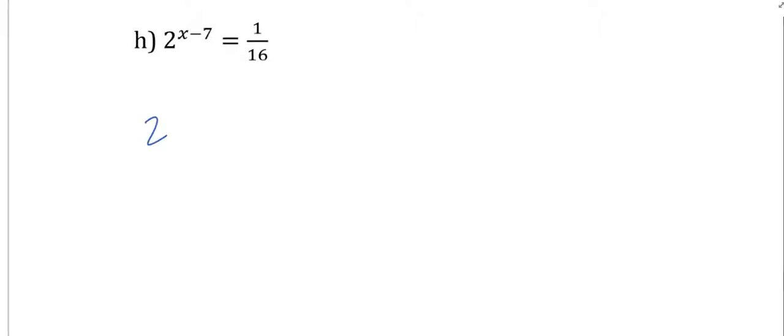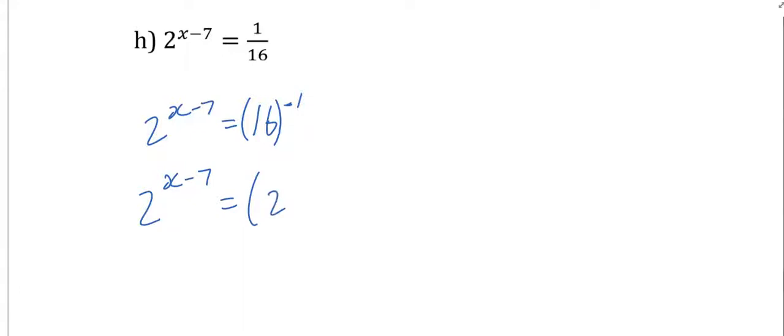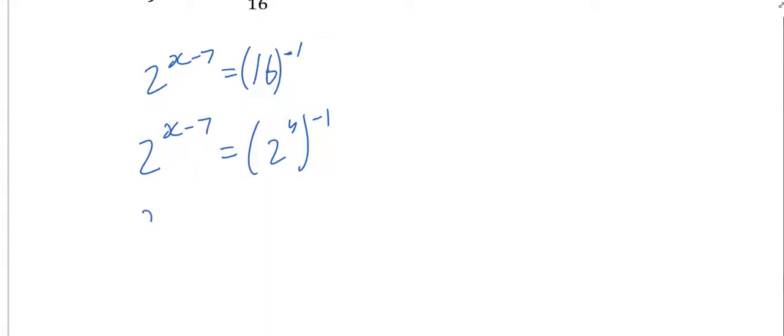What do you remember about exponents and fractions? This is like 16 to the negative 1, right? Flip the base. Is that familiar? I hope so. Flip the base. And then I can rewrite, and you don't have to do both these steps, but some of you will like to. 16, Zach told us, is 2 to the 4. 4 times negative 1 is 2 to the negative 4.